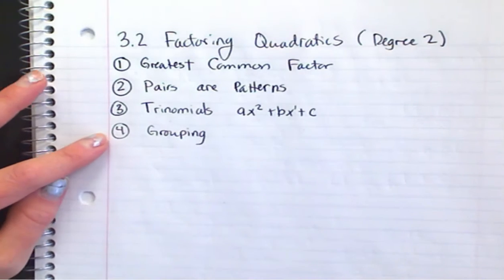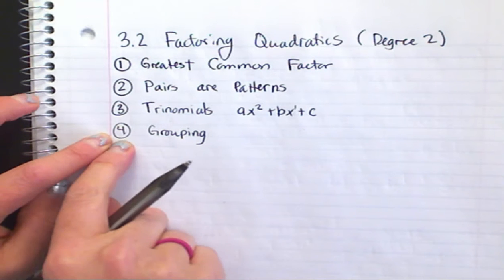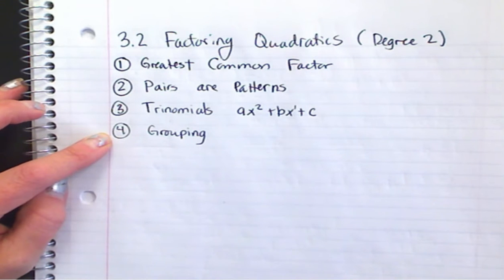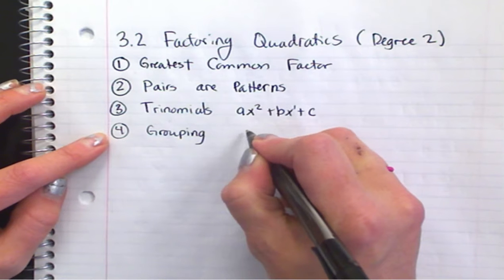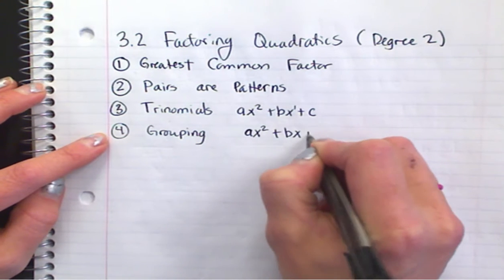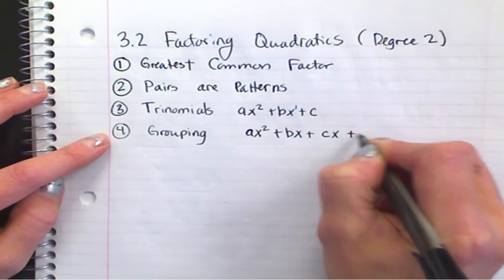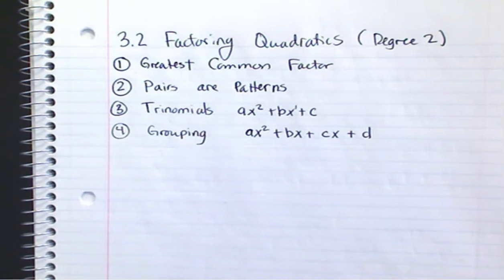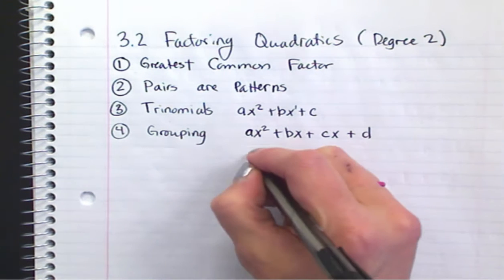Grouping is when you have 4 terms, because it's a number 4 in front. Okay? I realize that the middle 2 terms are like terms, but they don't always have to be.